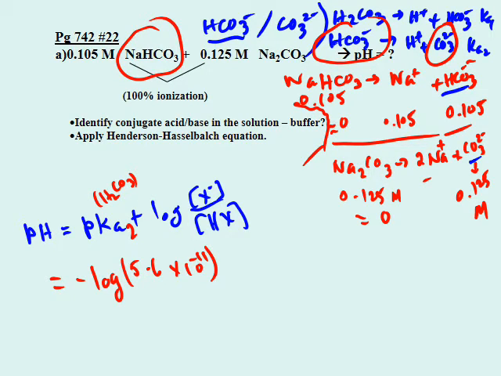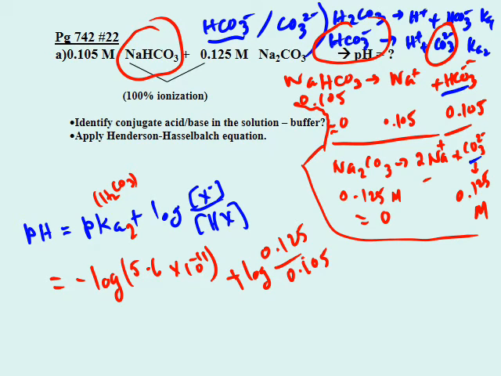It's a good idea to double check my values. So this would give me plus log of X minus, which is CO3 2 minus, and we already know that value, which is 0.125, and then at the bottom I would have HX, so let's write down that HX would be 0.105. In case you're confused, let me identify these. Conjugate base is CO3 2 minus, and conjugate acid is, in this case, HCO3 minus.